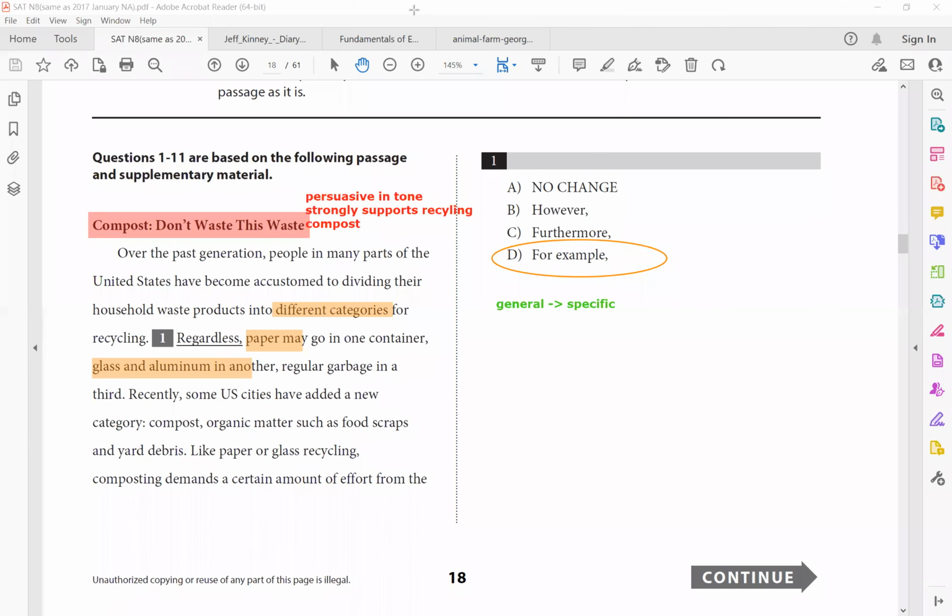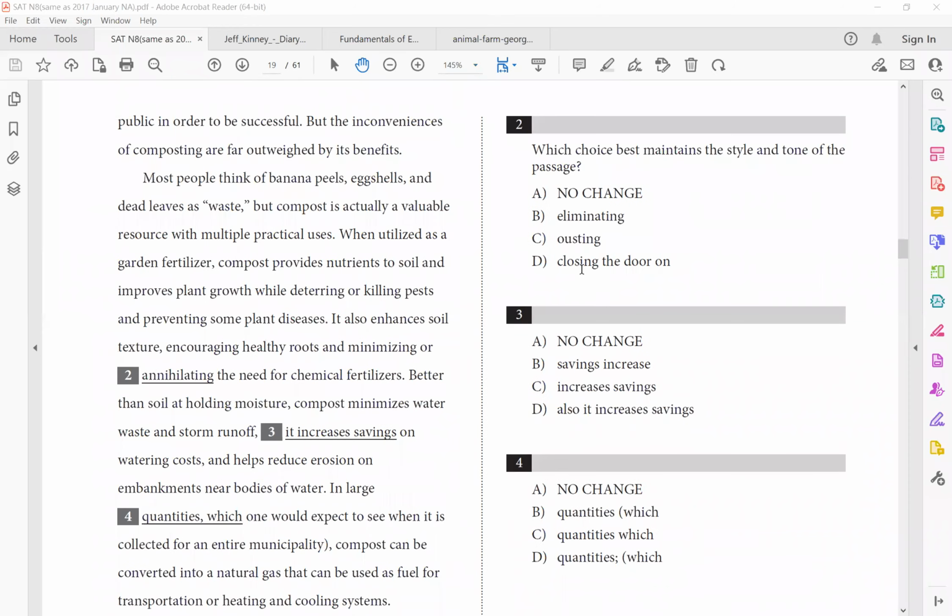So this is where you have to really start paying attention because this is our topic. Organic matter, such as food scraps and yard debris, like paper or glass recycling, composting demands a certain amount of effort from the public in order to be successful.